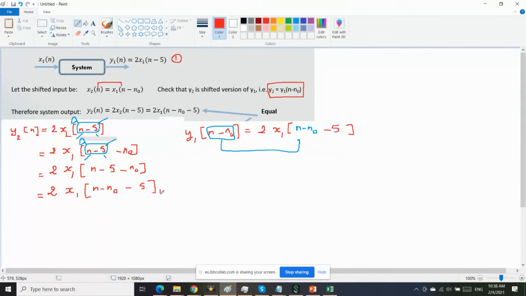Okay, if you compare all this to this, they're equal. As you can see, they're equal.